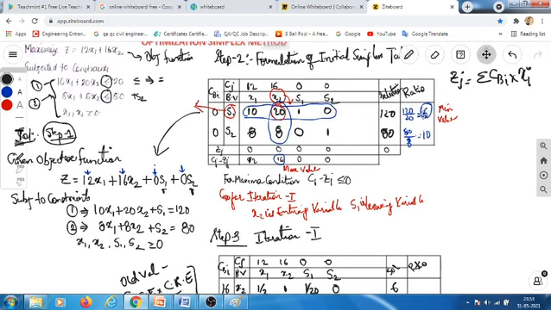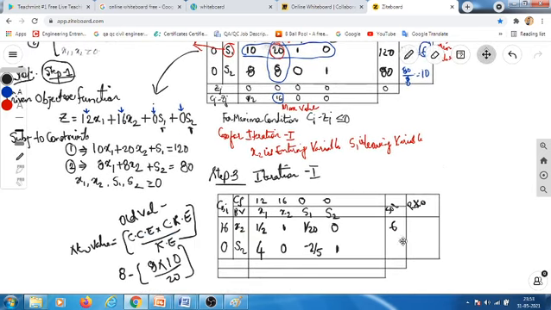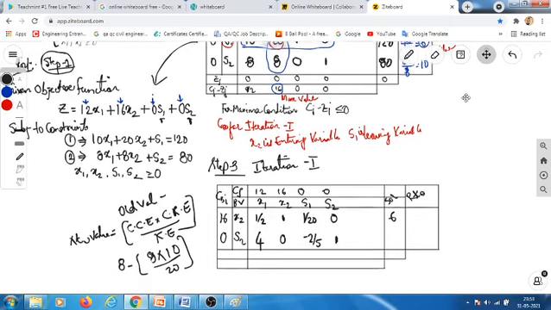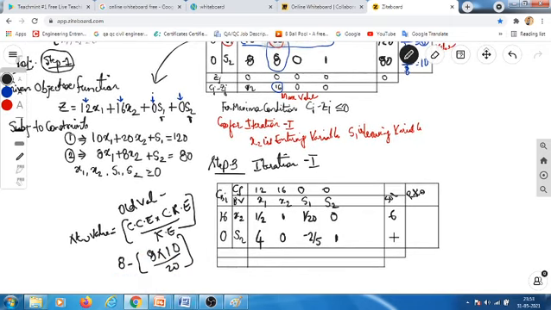This minimum value 6, we need to write it over here. By performing the same calculation, we will get the other value as 32.